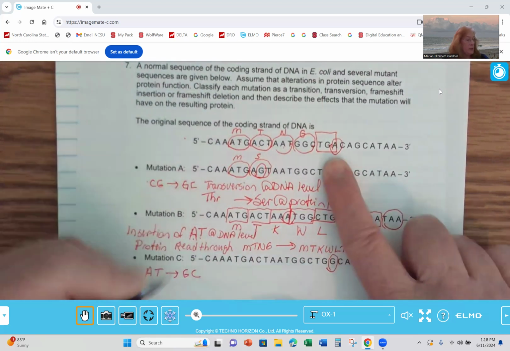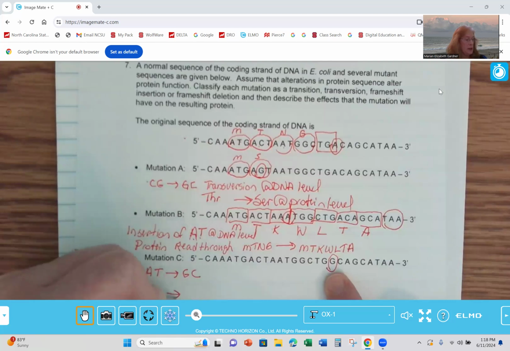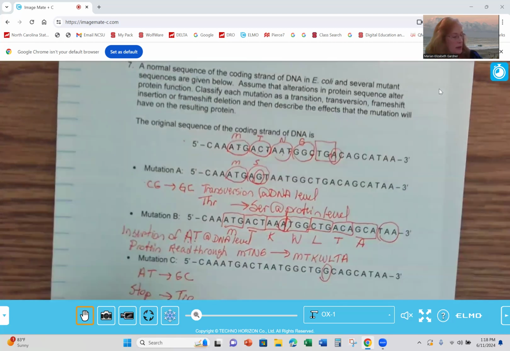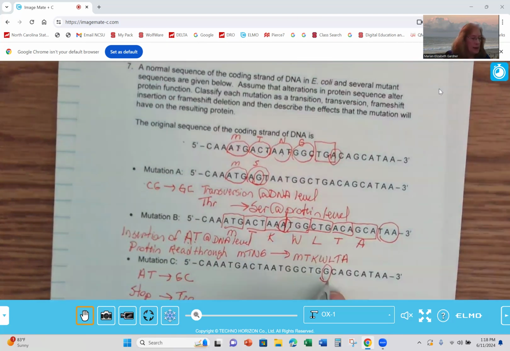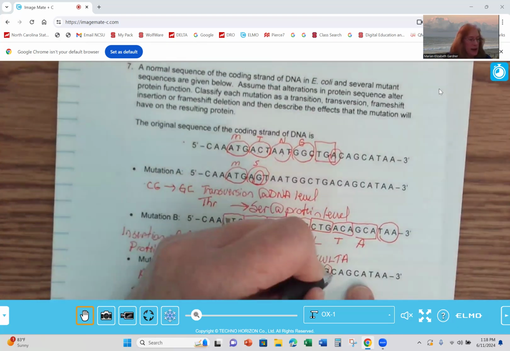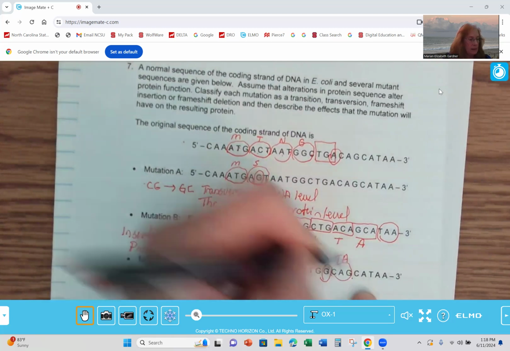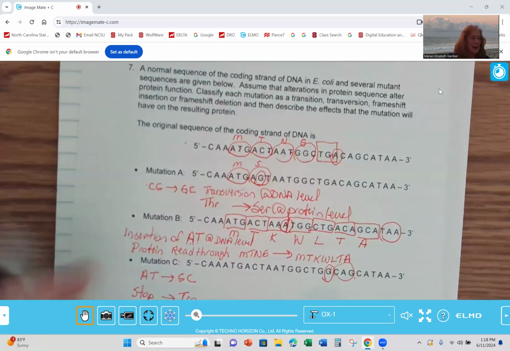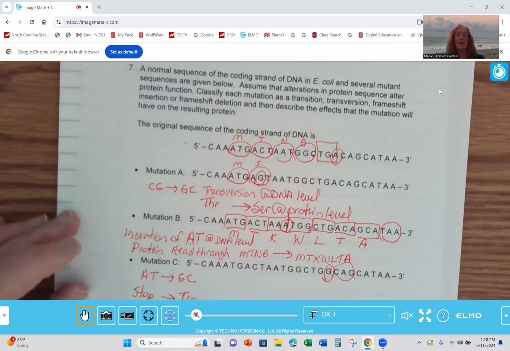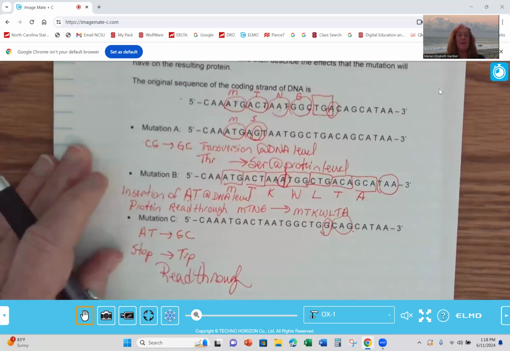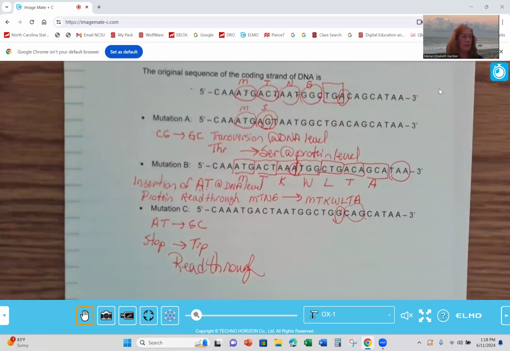Not only that, this messed up our stop codon to something that codes for UGG, tryptophan. So this will also be a read-through, because now this codes for tryptophan, and it keeps going. It looks like we won't have a stop codon in the right reading frame, but we do have a read-through there.